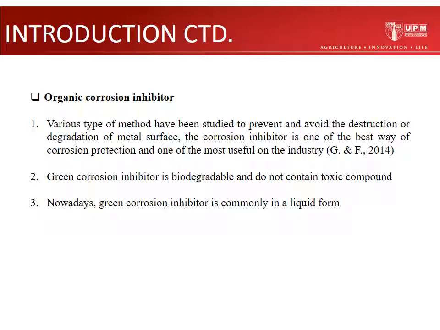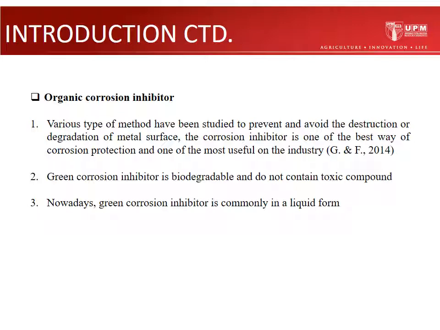Various types of methods have been studied to prevent and avoid the destruction or degradation of metal surface. The corrosion inhibitor is one of the best ways of corrosion protection and one of the most useful in industry. Protective coating on metal using organic molecules, plastic, polymer, and cathodic and anodic protection using organic or inorganic inhibitor are the most practical ways to avoid corrosion.